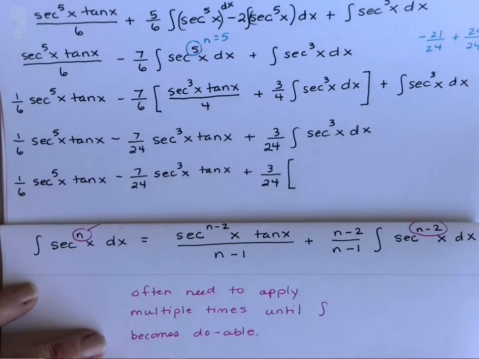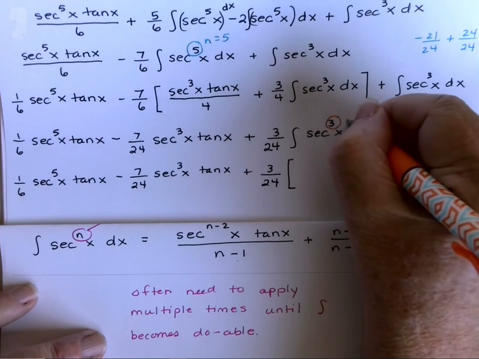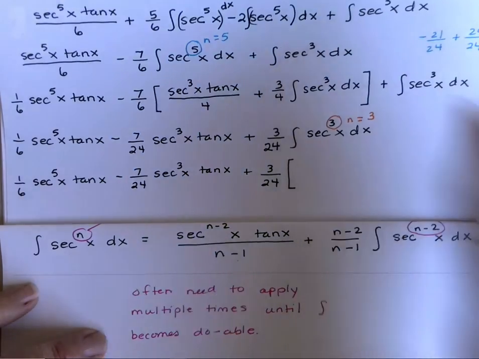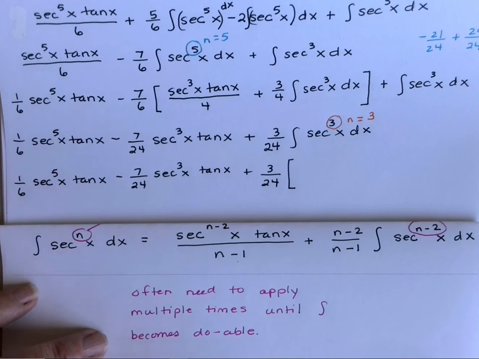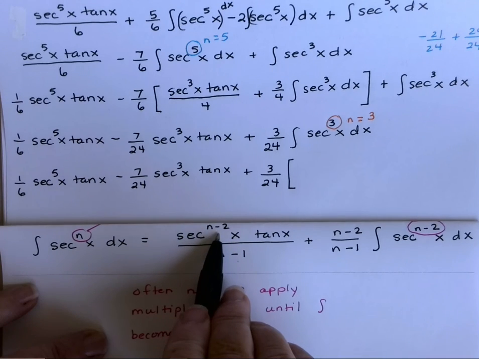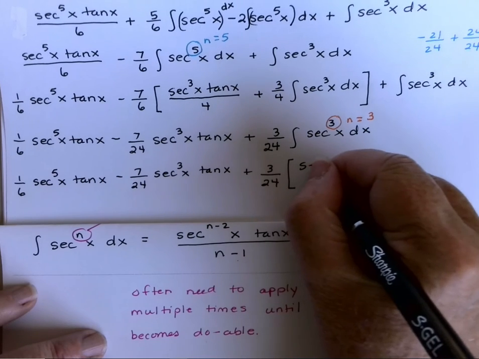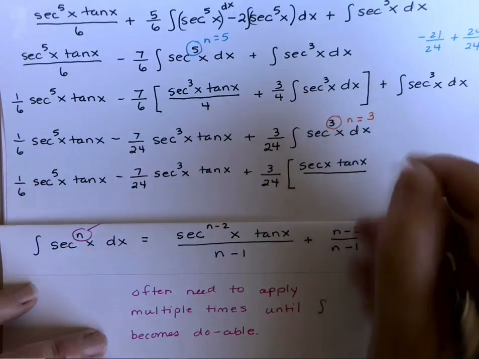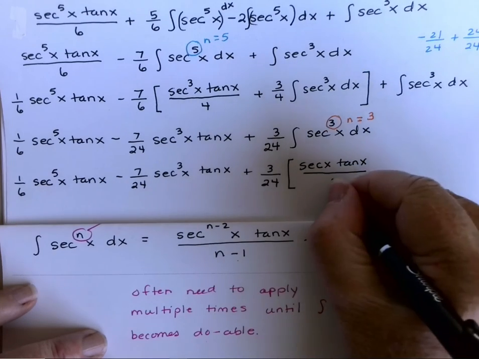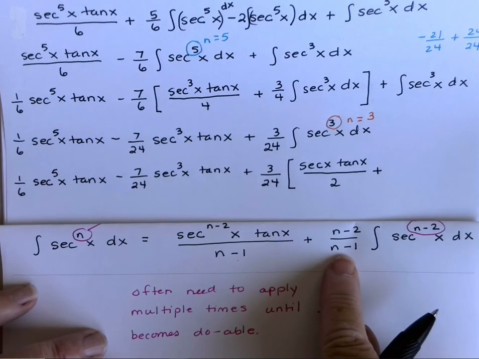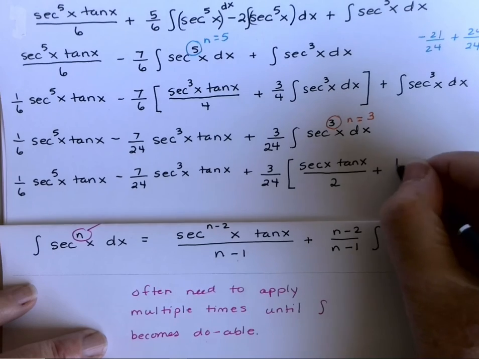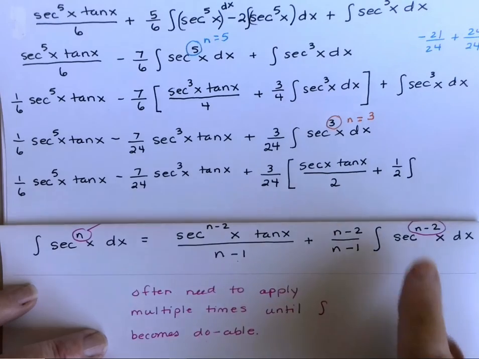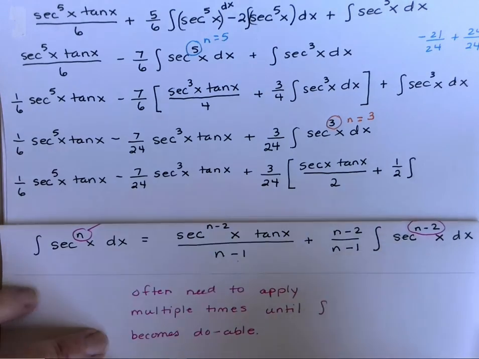This time we've got an n of 3. So we're going to have secant to the 1st, so just secant x tangent x, over 2, plus 1 over 2, integral of just secant x dx.